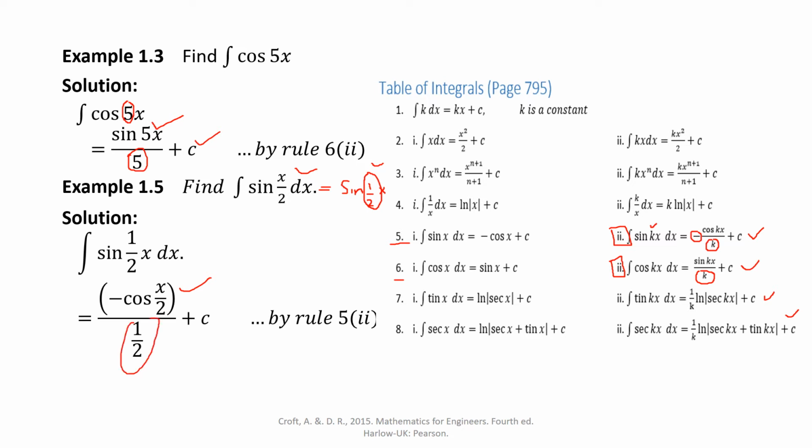This is k, rule 5.2, and the final answer. So this is divided by 1 by 2. When you remove division, this will be reversed to 2 by 1, or only 2. So this is the answer.